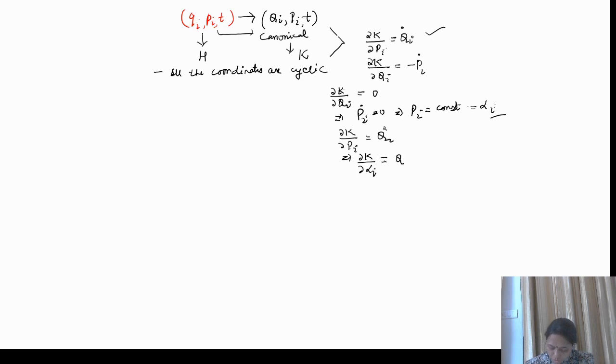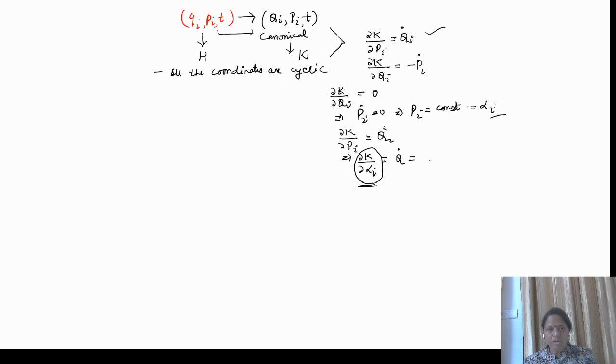So this is Qi dot, and naturally this will also be constant. Whatever expression you get from here will be a function of alphas, because K is a function of Q and P. Q are cyclic and the corresponding P are constants, so this expression is just an expression in alphas.